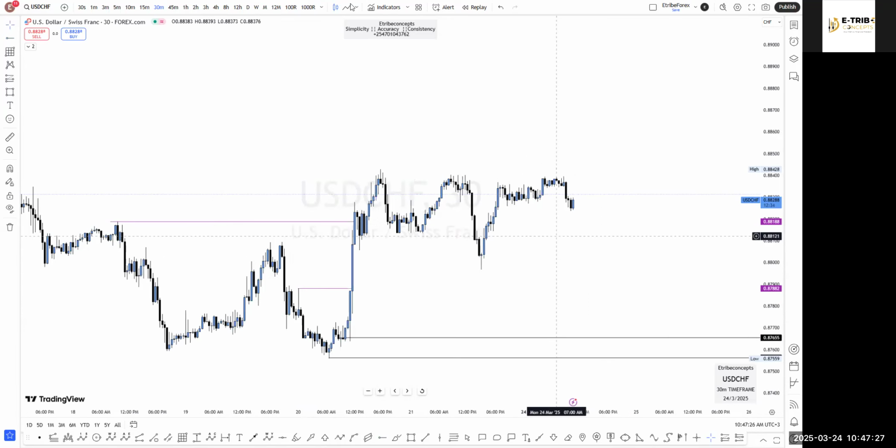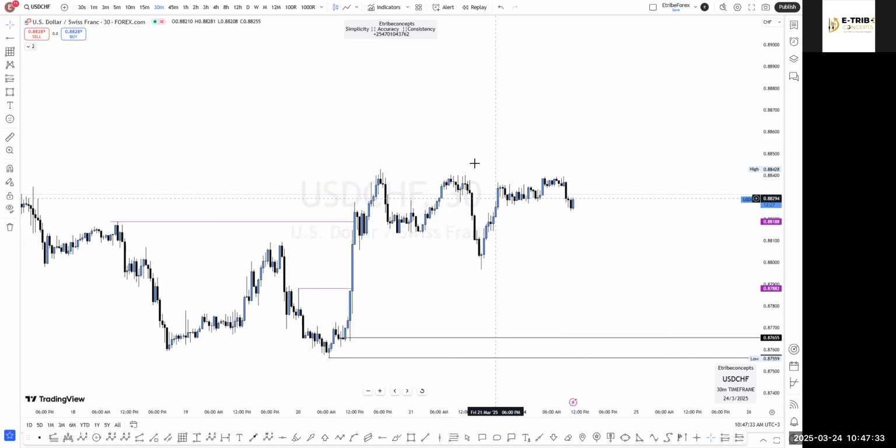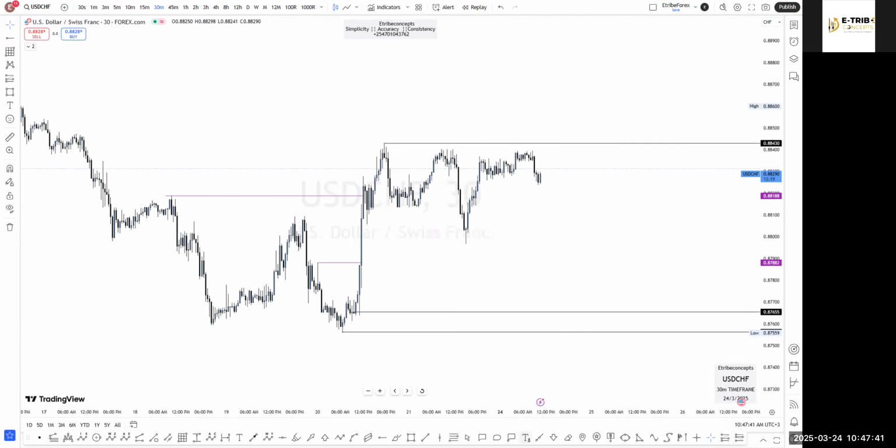Because if I go back to 30 minutes, you can see this range shift. So this shift could, and there's nobody that has closed above this point. So that means there's a high chance of the market, first of all, coming all the way to the downside. I don't know if you have any catalyst that will push us.